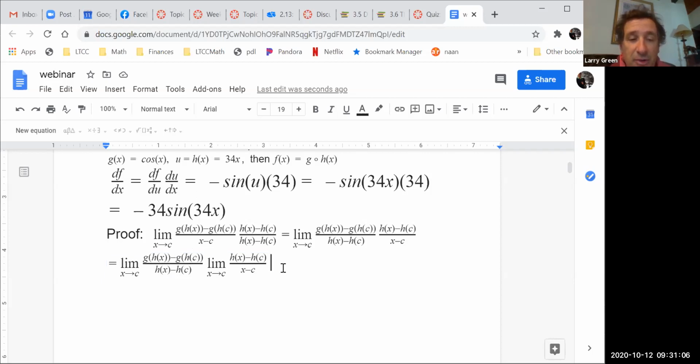Sometimes you call that g prime of h of x. And then the second one, limit as x goes to c of h of x minus h of c over x minus c, that's h prime of x. And that's the full proof. Any questions at all on the proof of the chain rule?